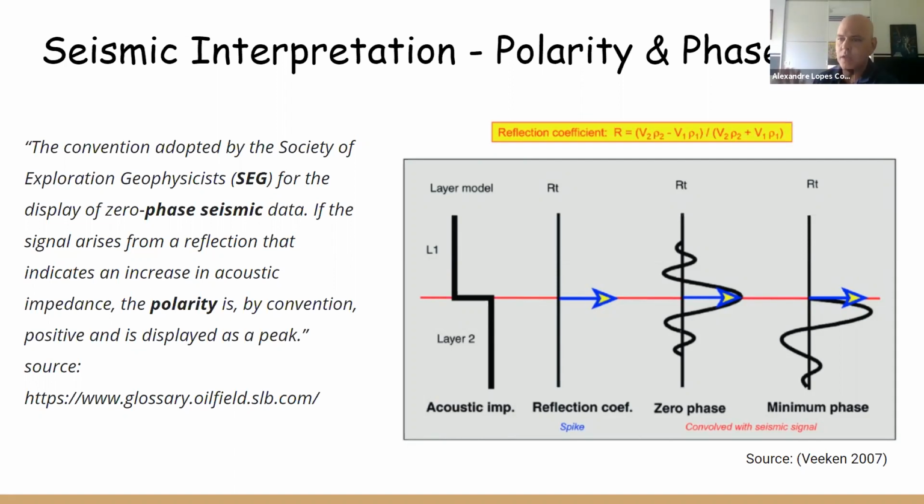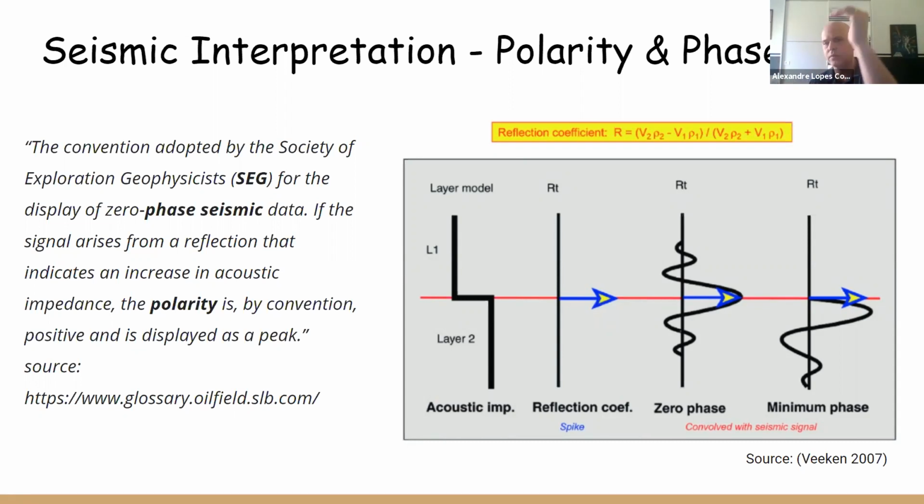According to the Society of Exploration Geophysicists, the SEG standard format, positive polarity is when you have an increase of acoustic impedance, a hard kick, a peak. This means the wave is going into a layer that has a higher seismic velocity, a higher density, for example.